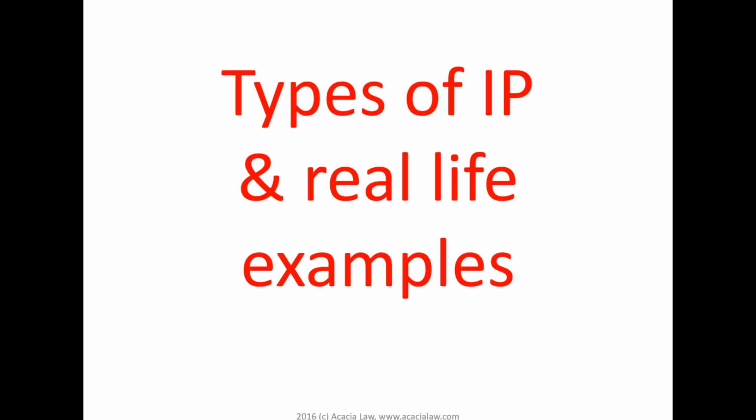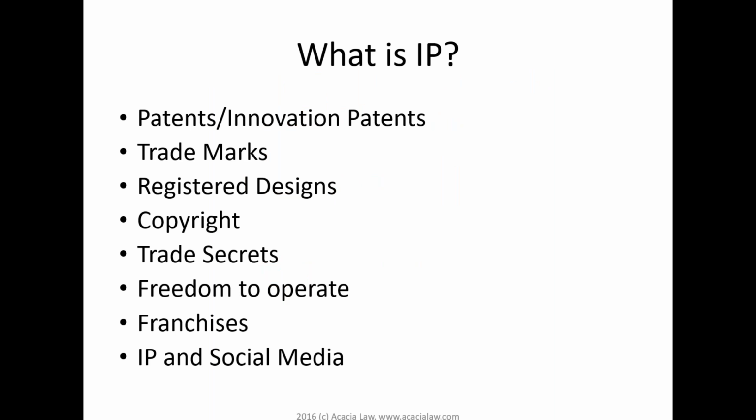So now we're going to move on to the different types of intellectual property and some real-life examples for you. Firstly, what is IP? You can see there's a whole lot of different types, and I'm going to go through them individually with examples. We have patents and innovation patents, trademarks, registered designs, copyright, trade secrets.